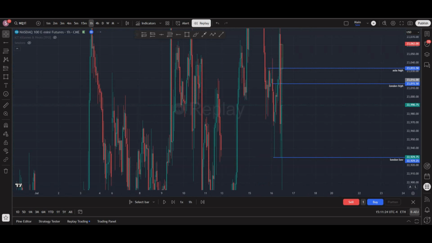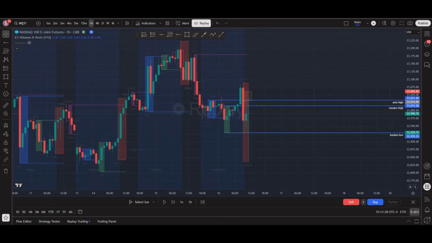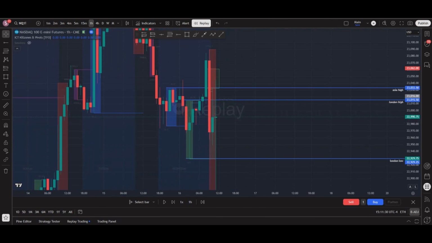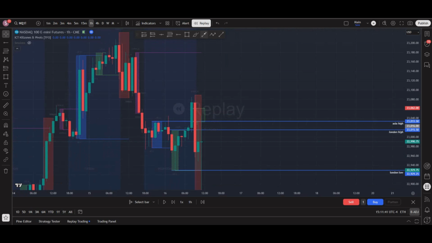So once again, to recap this trade, if we put the kill zones indicator back on, price in the pre-market already swept out London high, it swept out Asia high, it reacts off an hourly and a 4-hour fair value gap. So what are you looking for? Again, you're probably leaning bearish, but if price action wants to continue bullish, you're going to be looking for longs up to this New York PM high and this New York AM high, because they're the next major buy side draws on liquidity.